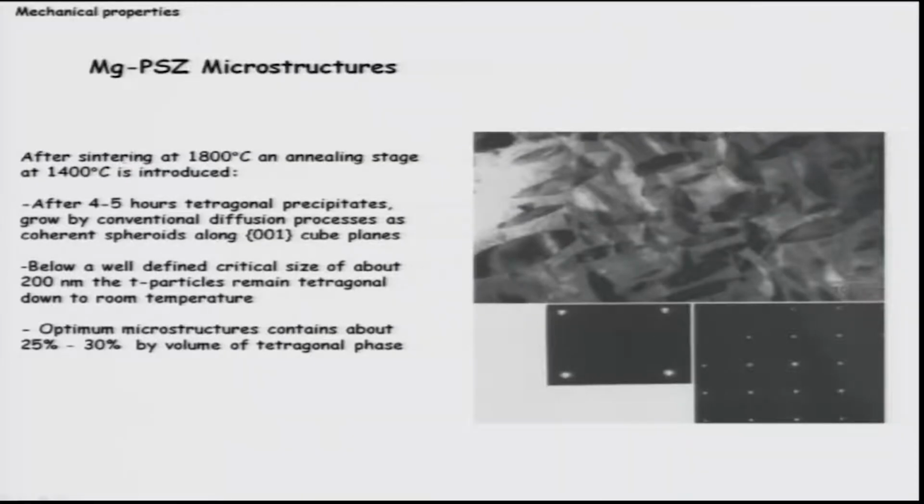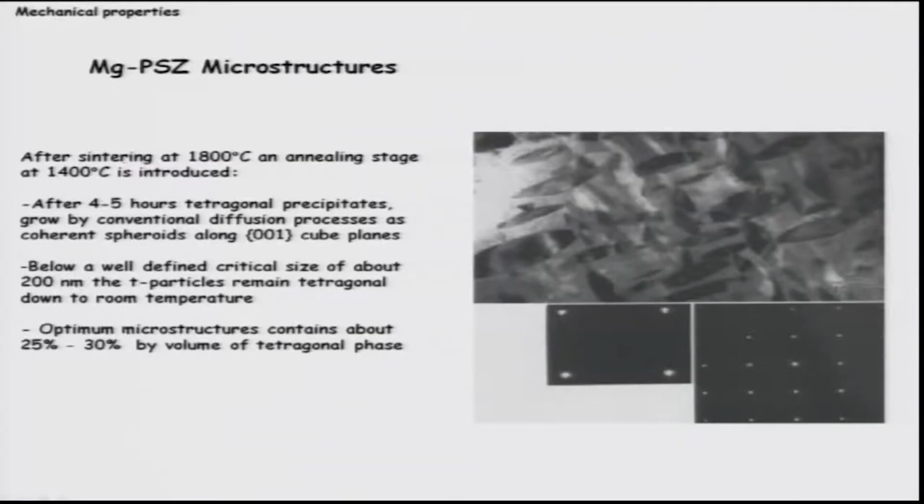At the lower temperature, 1400 degrees Celsius, there will be transformation from cubic to tetragonal, as you have seen in the phase diagram also. After 4 to 5 hours, tetragonal precipitates grow by a conventional diffusion process as coherent spheroids along 001 of the cubic phase. Crystallographically, they will be growing along the 001 planes of the cubic zirconium oxide phase.